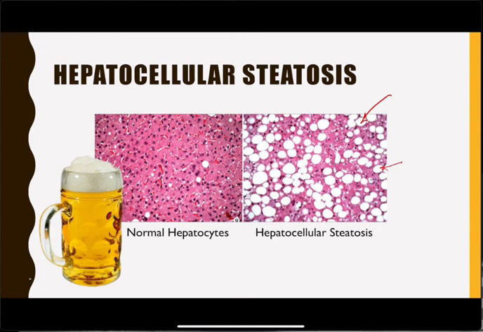The reason this is so associated with drinkers is that ethanol creates large amounts of NADH. And when you have a lot of NADH, it's going to take substrate away from breakdown or catabolism and move them towards lipid synthesis.